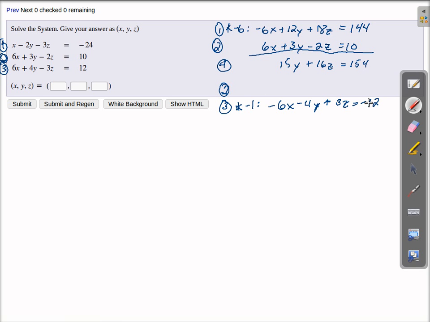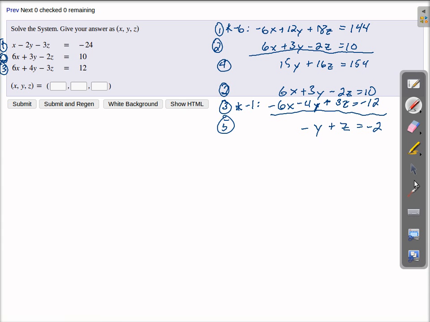Don't forget to multiply the other side of the equal sign. My second equation I didn't have to do anything to, so I'm just going to rewrite that. Now add these two equations together and see what you get. I get a negative y, of course my x's cancel out, plus z equals negative 2. Now I'm going to call this one my fifth equation.